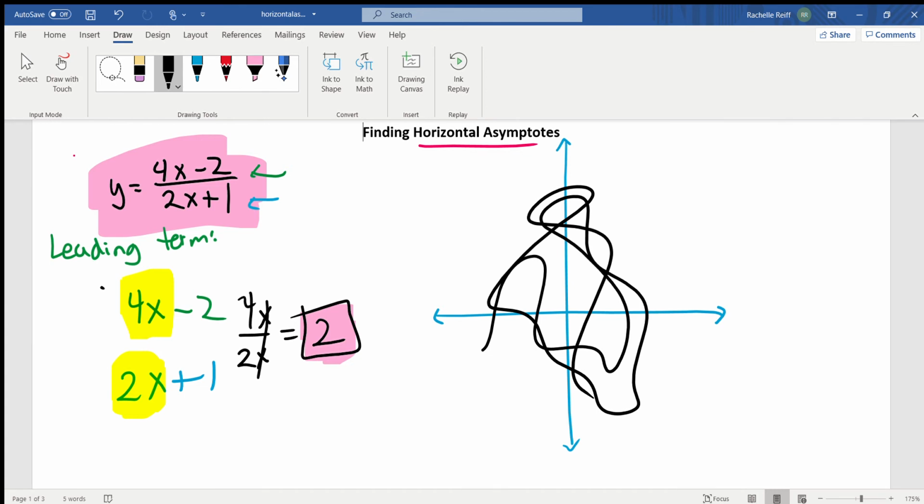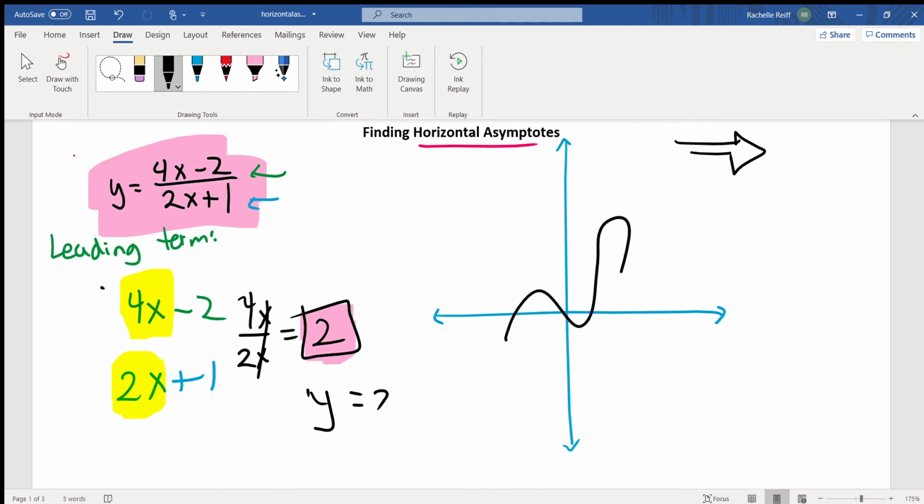But when you go far enough to the right, it's going to look like the line y is equal to 2. So maybe it goes like this, but eventually, if this is 2, it'll start to look like a straight line at 2, right? And then what about the left side?